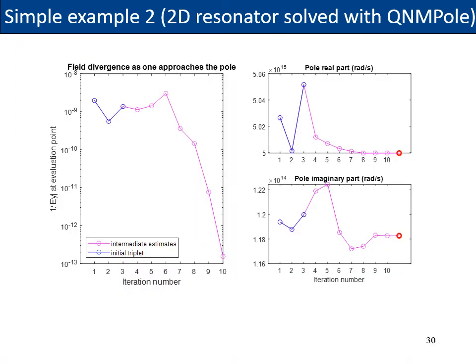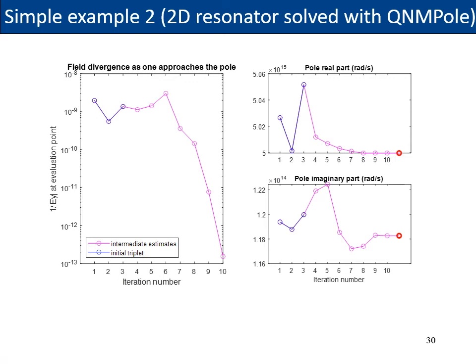So here I show some results returned by this tutorial 2D program when we use the QM pole solver for solving this two-coupled nanowire system. And like the 1D example I mentioned before, on the left-hand side, you can see the electric field at the test point as a function of iteration.